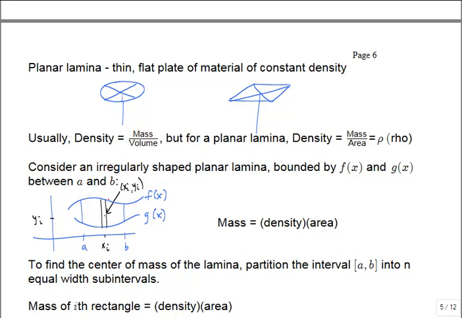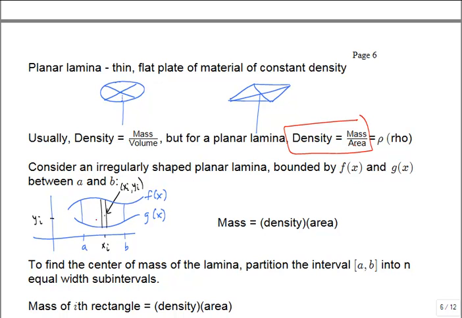So this irregularly shaped planar lamina. Now the mass of this sheet right here would be its density, which is what we're calling our rho right here, the mass per area, times the area. If you look at this formula right here, mass is going to equal this density times this area.